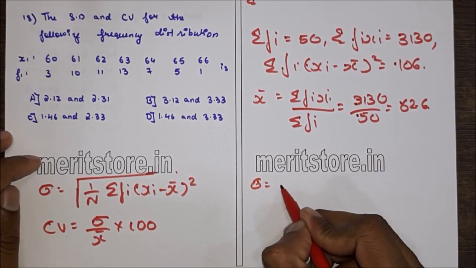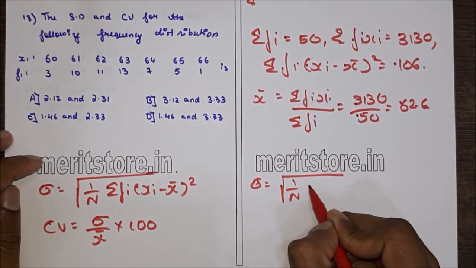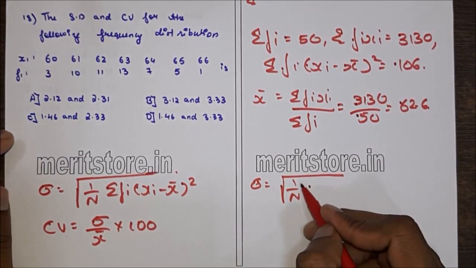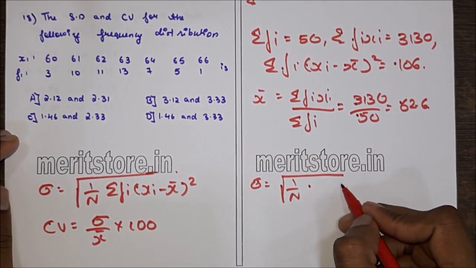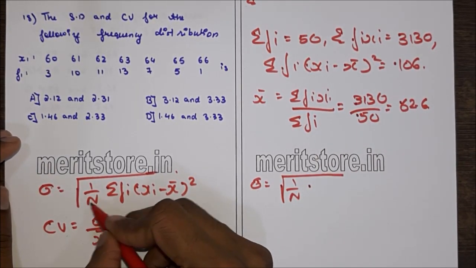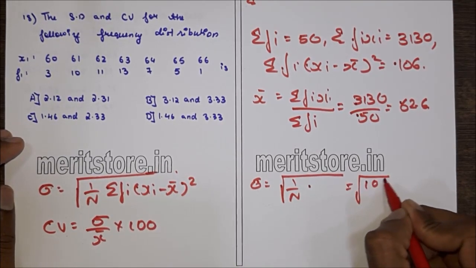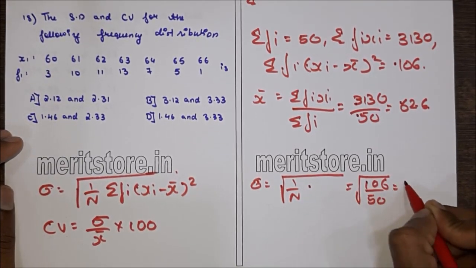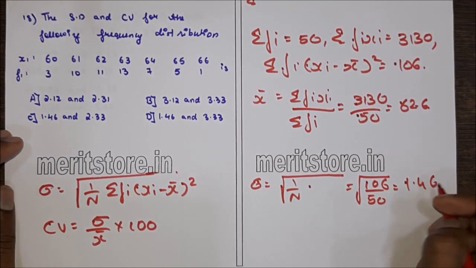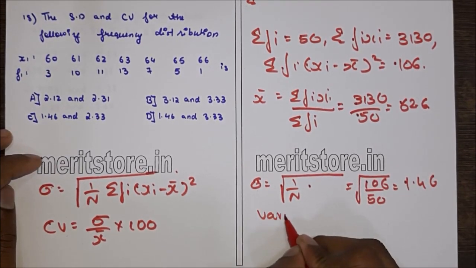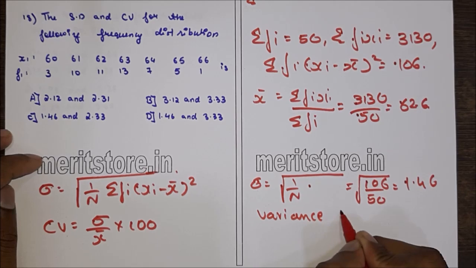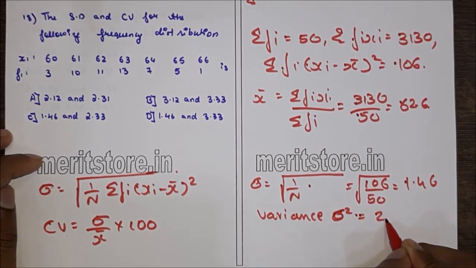Sigma is equal to the square root of 1 by n. We substitute this value, and the standard deviation is the square root of 106 upon 50, which is equal to 1.46. Now the variance will be sigma the whole square, which is equal to 2.112.